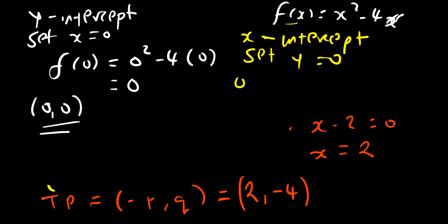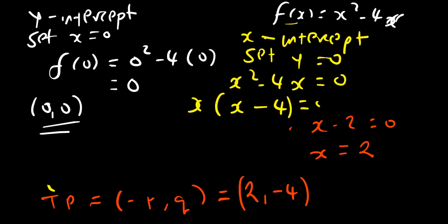Let me say x squared minus 4x is equal to 0. Now when we solve, let's factorize out x. We remain with x times x minus 4 is equal to 0.